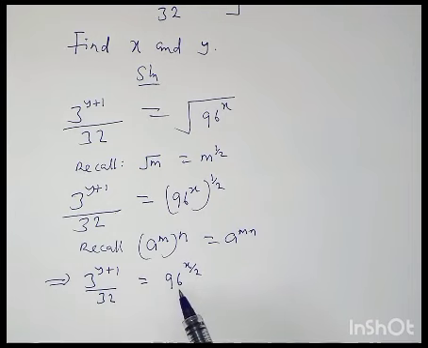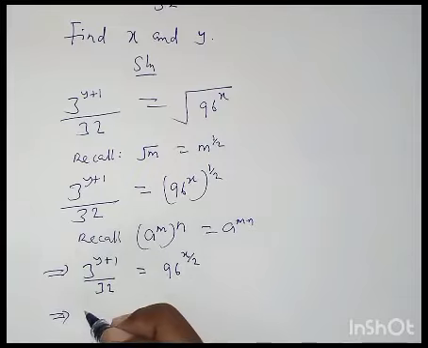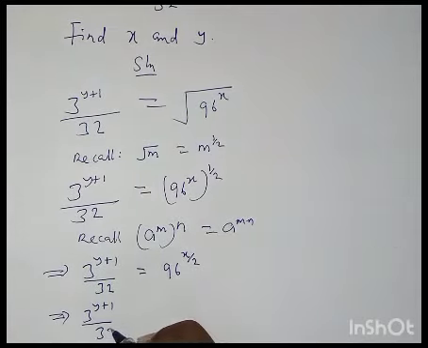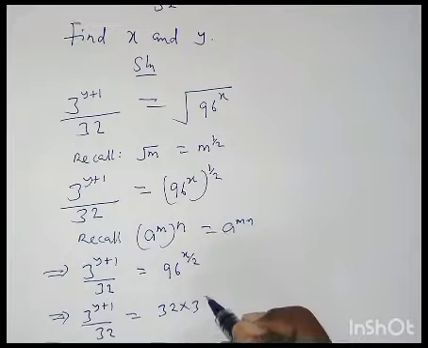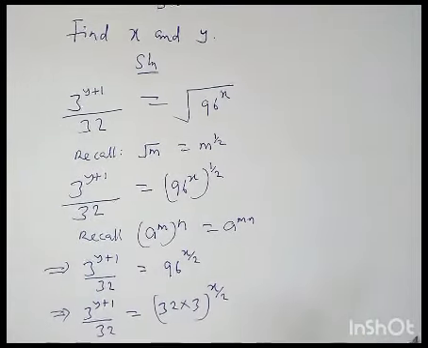Yes, of course, because 32 times 3 gives us 96. So this is 3^(y+1) over 32 equals, this 96 is the same thing as 32 times 3, then everything to the power x over 2.